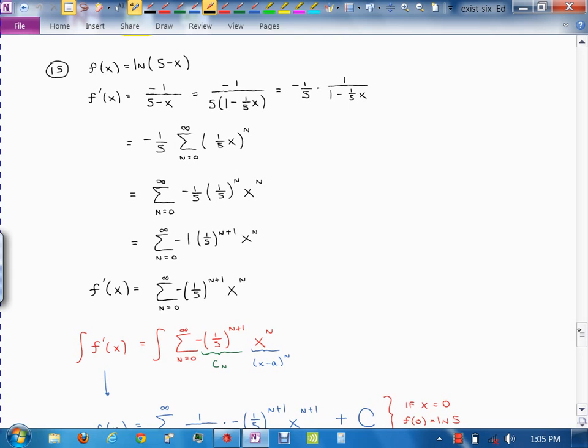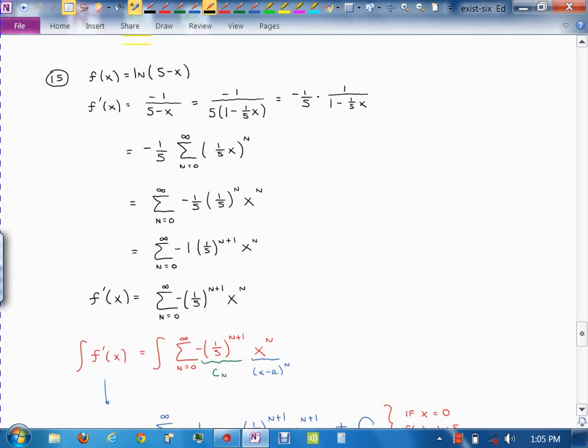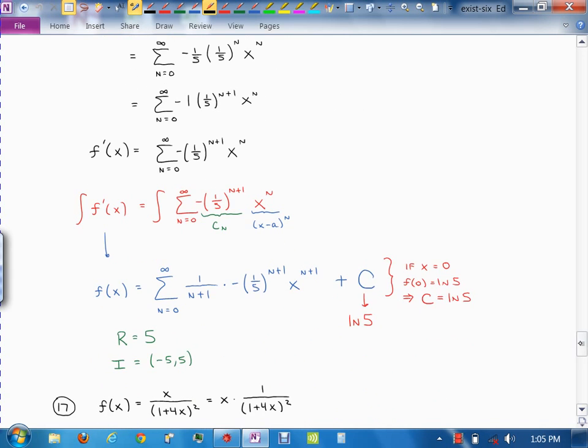Using the formula I gave you in class to find the antiderivative of both sides, the antiderivative of f prime is f of x. And over here, what do you do with the constant when you take the antiderivative? Just write it down, right? You don't do anything. And then what's the antiderivative of x to the n? 1 over n plus 1, x to the n plus 1. So that's where this comes from.